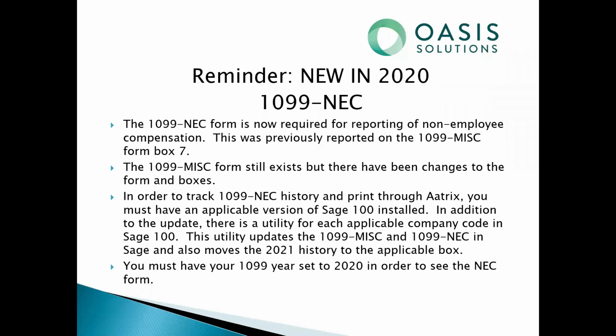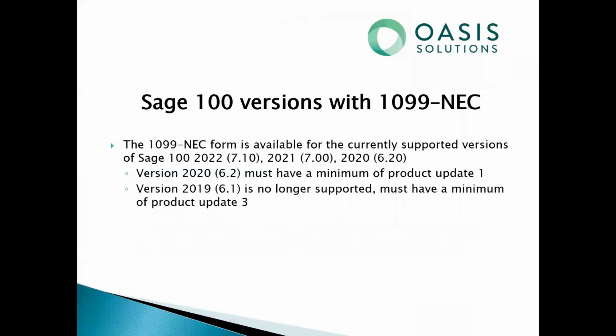Now the miscellaneous form is still important because it does have rent and a few other things that many people have to report. So if you are on an older version that doesn't have the NEC form, then you need to contact us so that we can talk with you about what those options are.